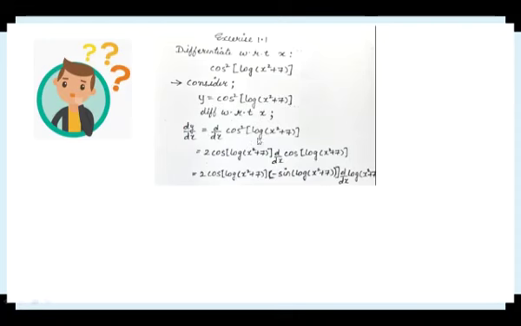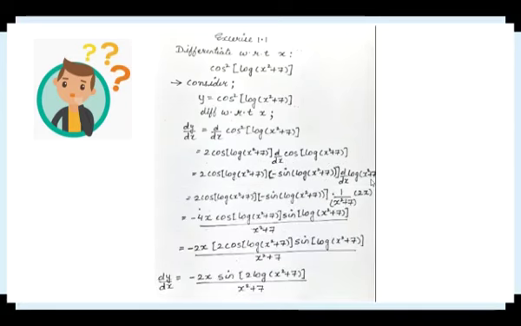So over here, first of all, we will be applying the derivative of [f(x)]^n, that is n cos of log of (x square plus 7), and again the derivative of cos of log of (x square plus 7). In the next step, 2 cos of log of (x square plus 7), and the derivative of cos of f(x) will be minus sine log of (x square plus 7), and again the derivative of log of (x square plus 7).